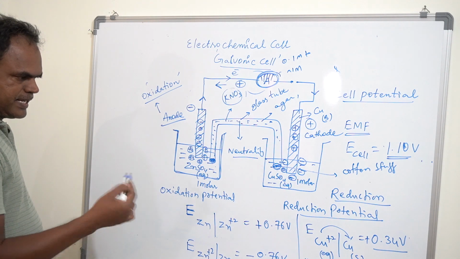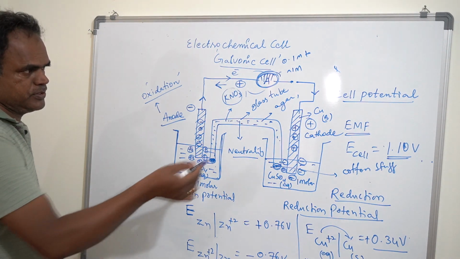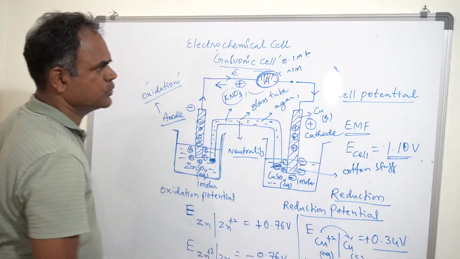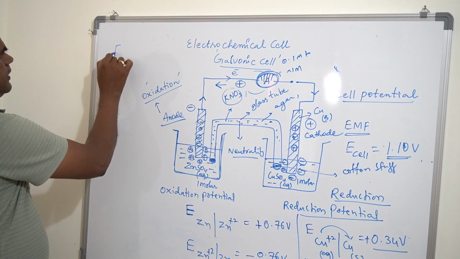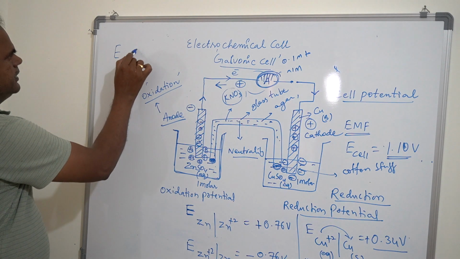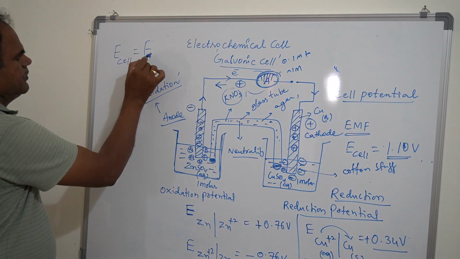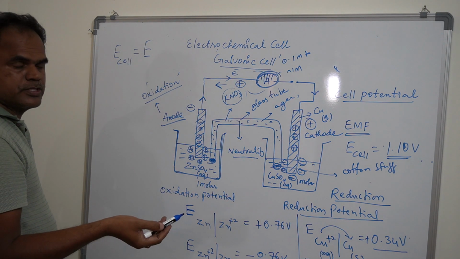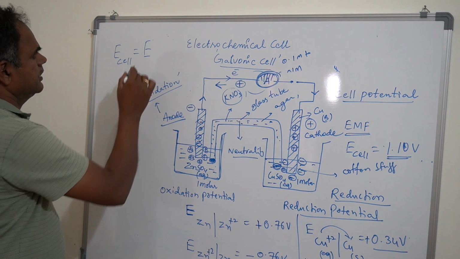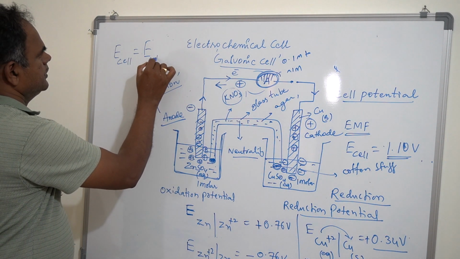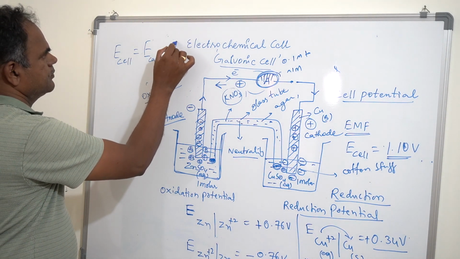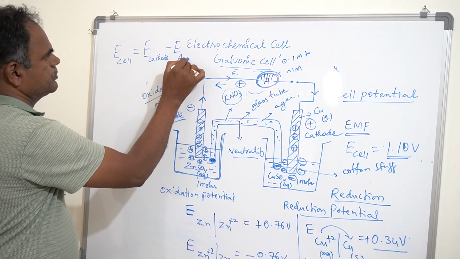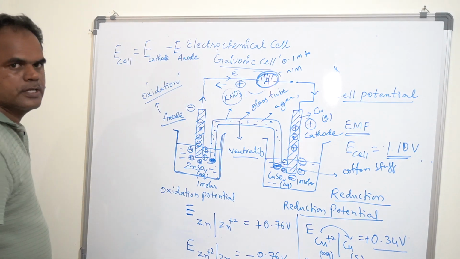Now if you want to generate the cell potential, 1.10 volts, we have to write the equation: E cell is equivalent to the difference of the reduction potentials, that is, the cathode reduction potential minus the anode reduction potential.